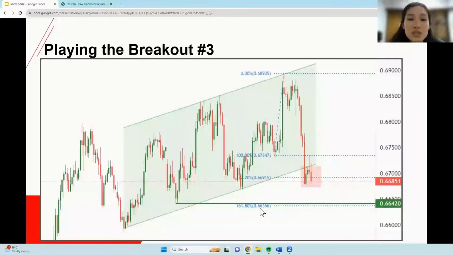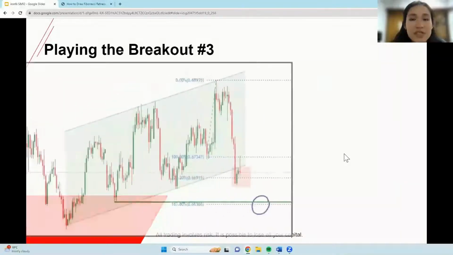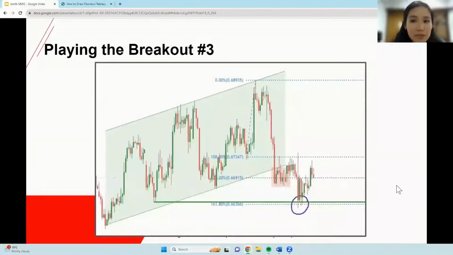161.8 is also in line with this swing low support level at 0.66420. So we want to try and make sure that we line up Fibonacci with graphical levels as much as possible. And you can see here that that's exactly what happened.